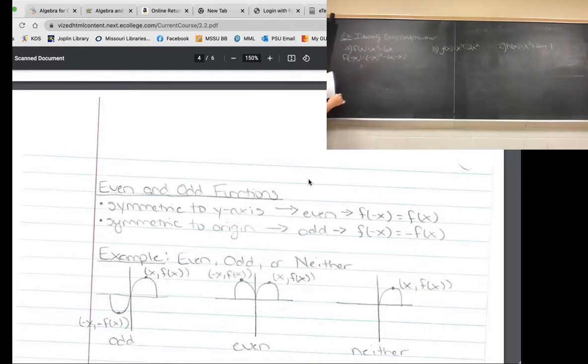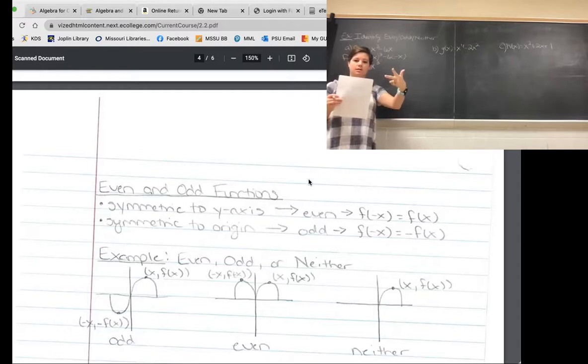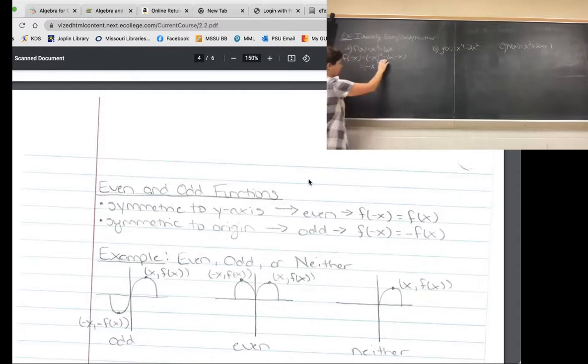Negative x to the third is going to give me negative x to the third, because a negative number times a negative number becomes a positive, times a negative number becomes a negative again. Negative 6 times a negative x will give me a positive 6x.